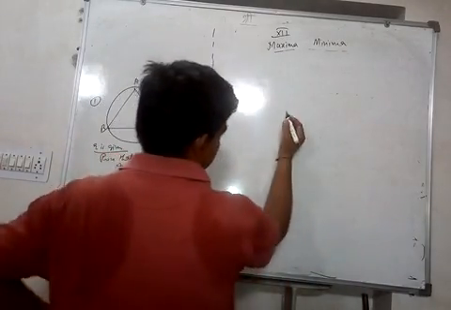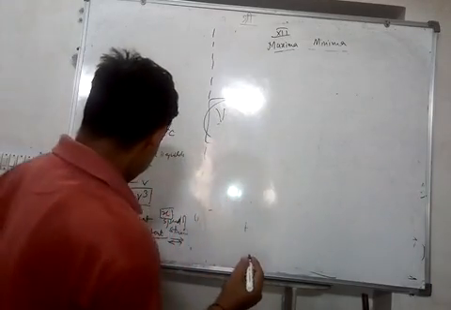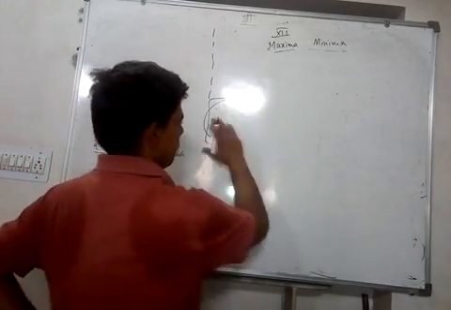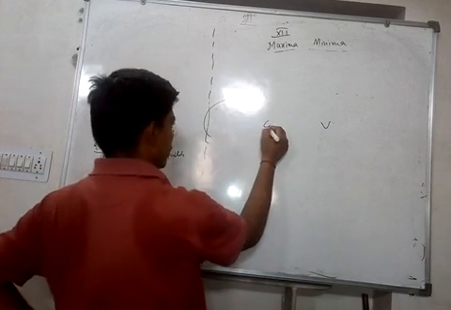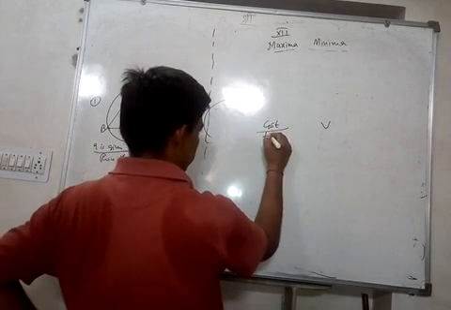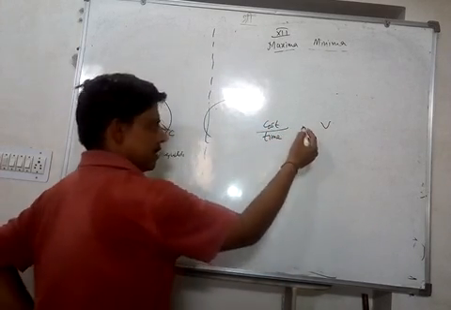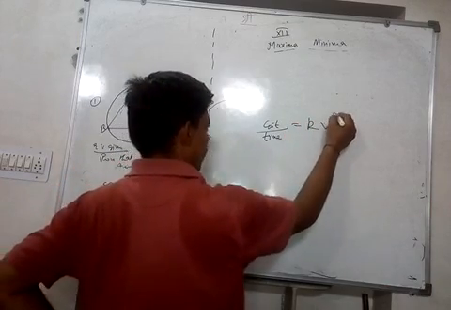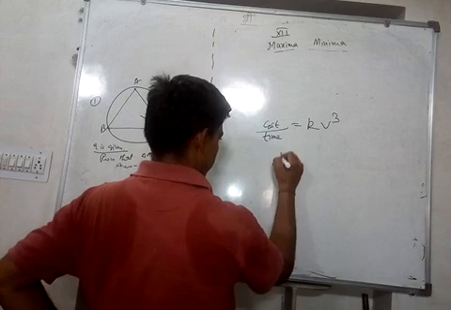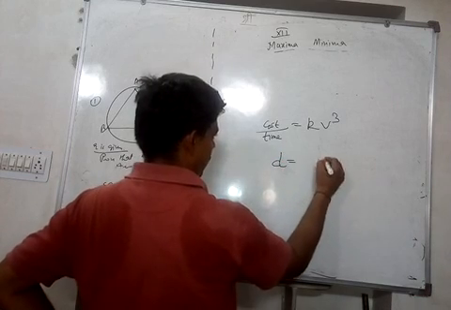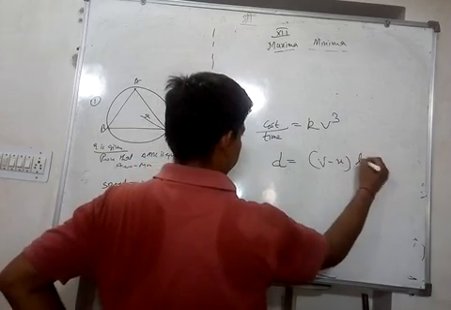See, the speed of the steamer is v, and cost per hour, that is cost per unit time, is equal to k into v cube. Okay, and the distance traveled is equal to (v minus x) into time.